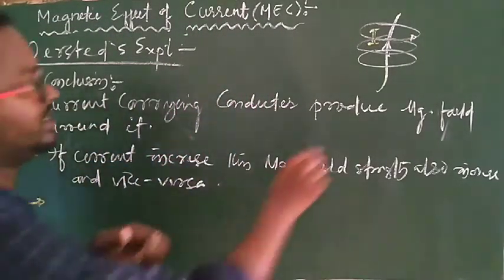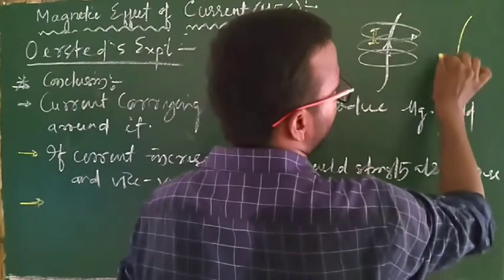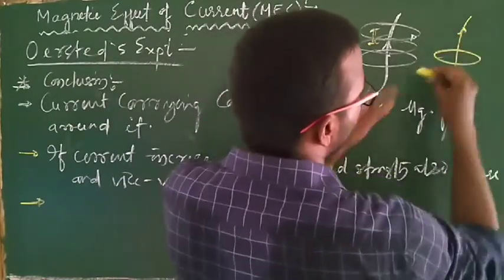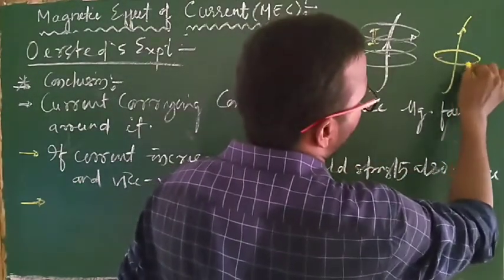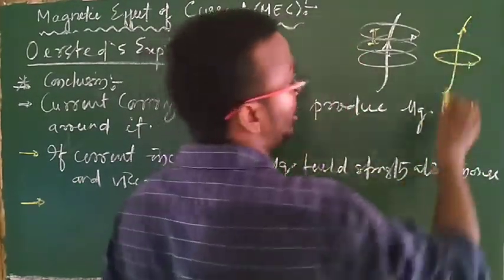Next thing, these magnetic lines of force are always perpendicular to the flow of current.